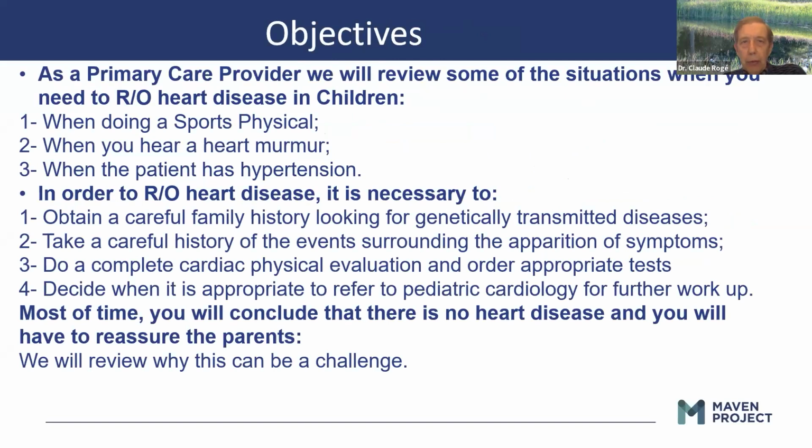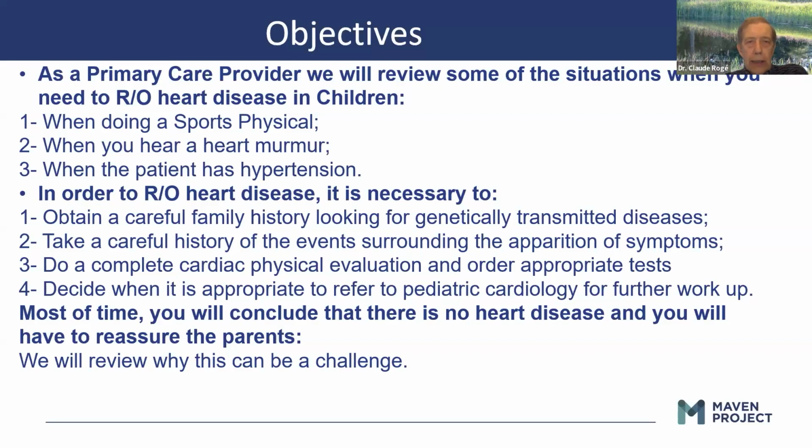You are primary care providers, most of you, and there will be many situations in which you will have to rule out heart disease in children. That would be in the context of doing a sports physical, when you hear a heart murmur, or when the patient has hypertension or symptoms.